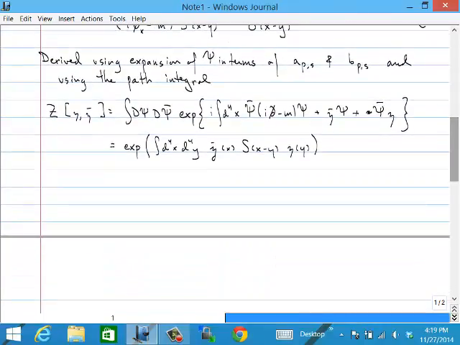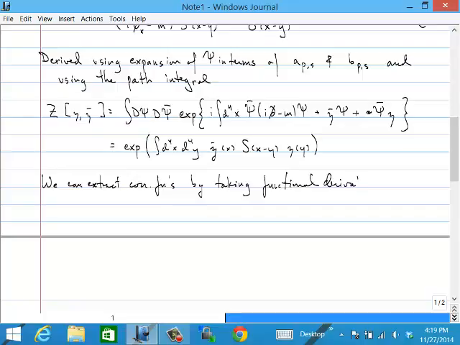Okay. So we can extract correlation functions by taking derivatives of this with respect to eta and then setting eta equal to 0. So we need to take functional derivatives with respect to these variables eta and eta bar.